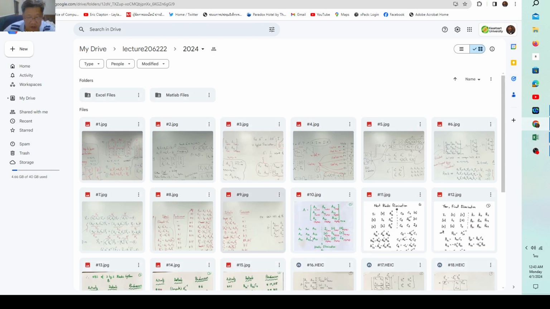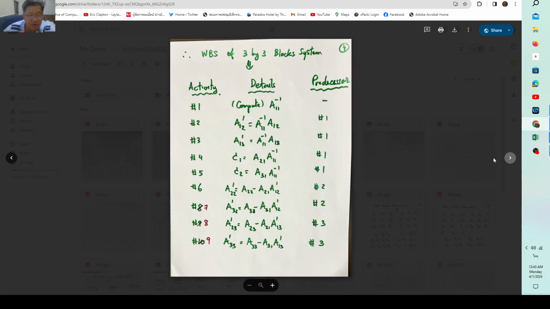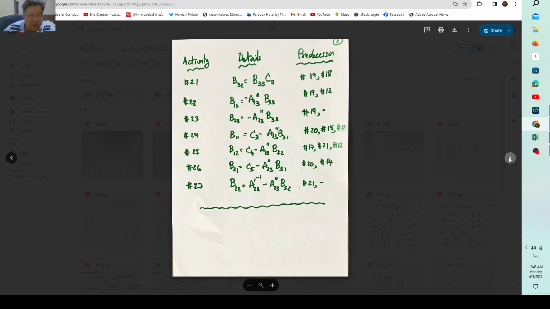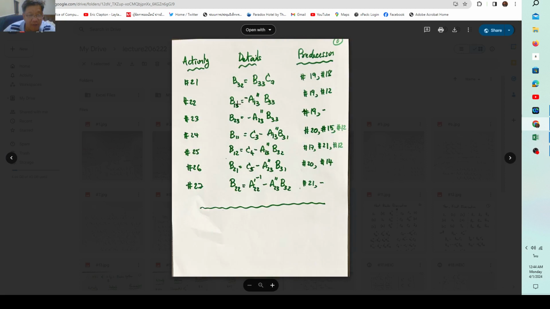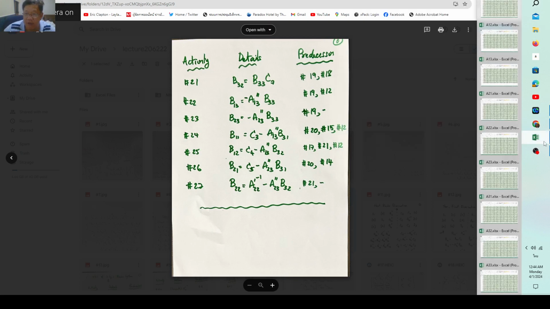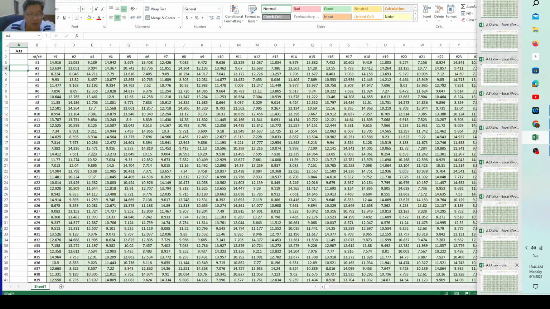Apply that to find the inverse matrix according to the flow of work over here. And then the end result that I expected, you can have Bij, the 9 different submatrices, each having the size of 1000 by 1000, because the submatrix over here is of size 1000 by 1000.